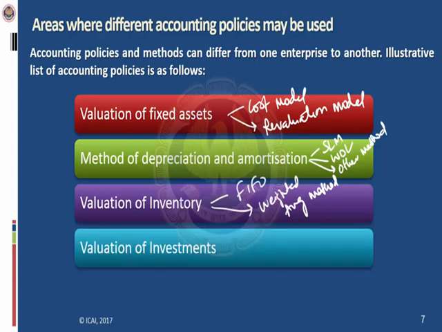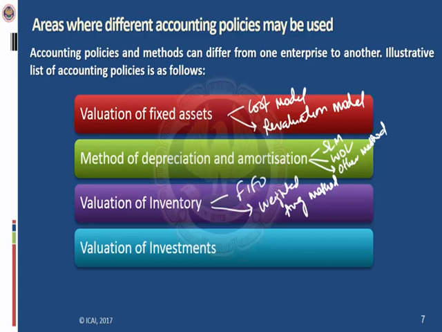Coming to valuation of investments. Current investments are valued at cost or market price, whichever is lower, while long-term investments are measured at cost less provision for diminution other than temporary. These principles are given in Accounting Standard 13, accounting for investments.